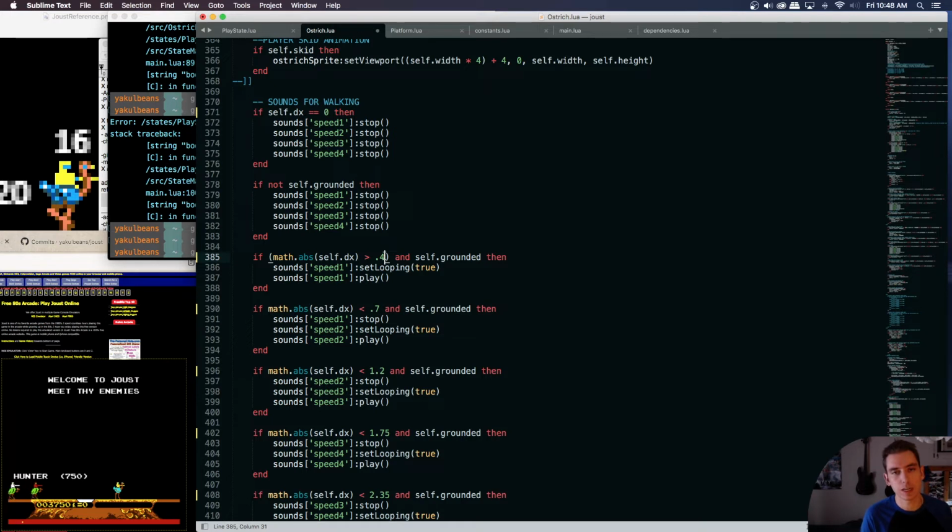Basically any speed up to 0.4. So I was onto something, but it wasn't quite right. So it needs to be greater than 0.